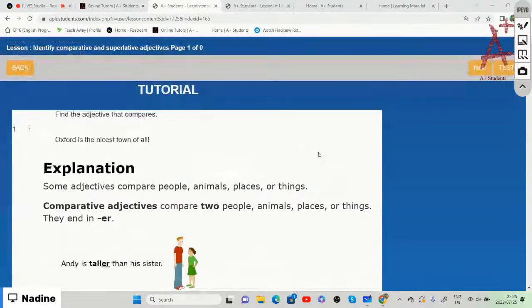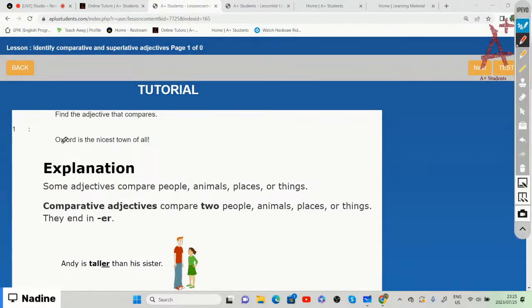All right, so now we're going to identify comparative and superlative adjectives, right? We need to find the adjective that compares. Oxford is the nicest town of all. We need to identify the adjective that compares, and then we can also say whether it is a comparative adjective or a superlative adjective.